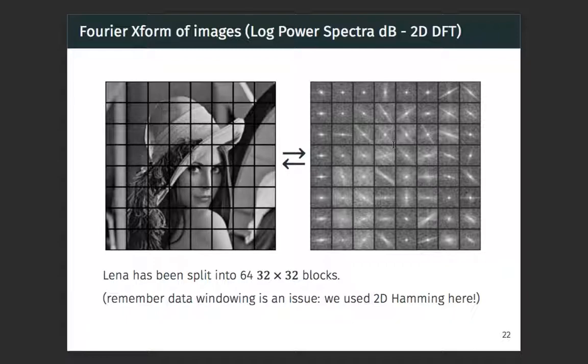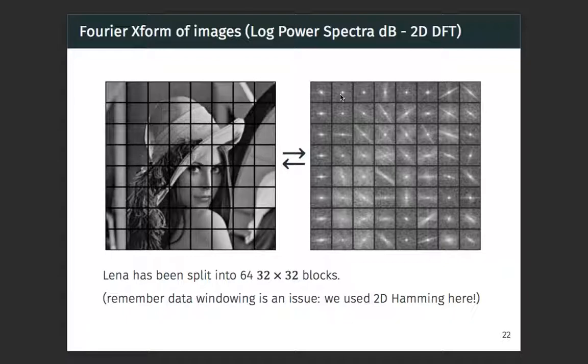So on the left, you have the original blocks. On the right, you have the Fourier transforms of these blocks. And it becomes very clear what's going on. If you have a block like this, where there's not much going on, low frequency, then you can see that all the energy, the amplitudes of your spectrum, is really concentrated at the low frequency in the DC component, the 0,0 frequency.